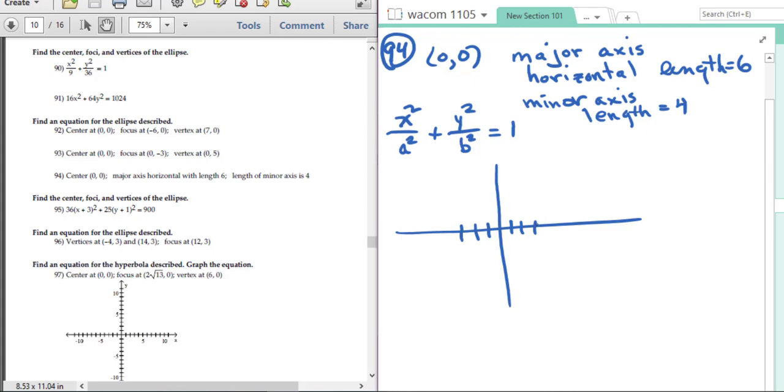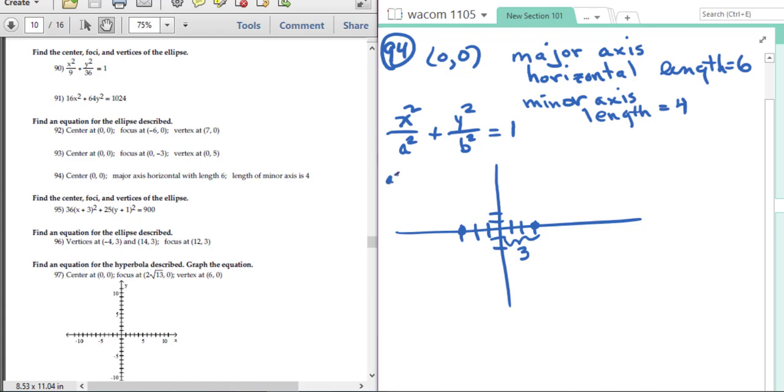So for it to be 6, and your a is your horizontal distance from the center, so the a is going to be 3. The minor axis, the whole length is 4, so your b is going to be 2.